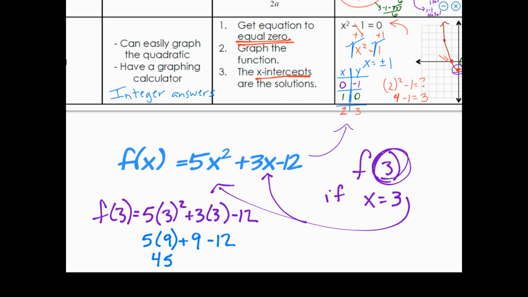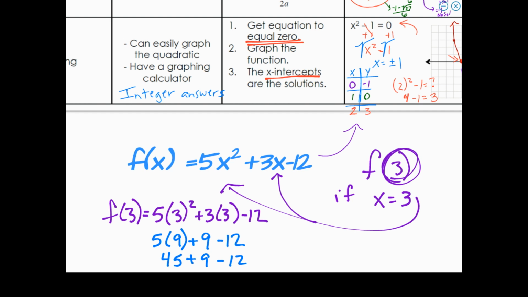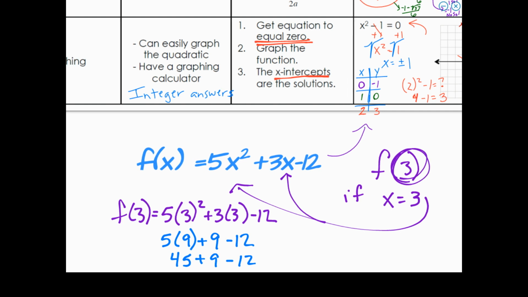I get 45 plus 9 minus 12. So 45 plus 9 minus 12 gives me 54 minus 12, which gives me 42. Okay, so I would say f of 3 equals 42.